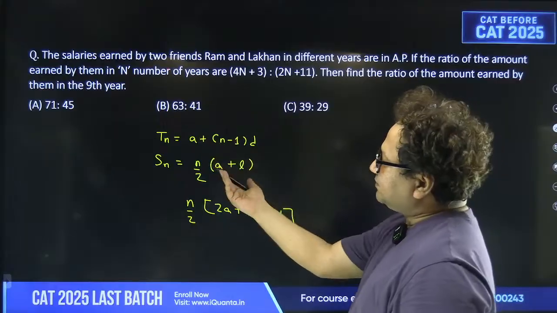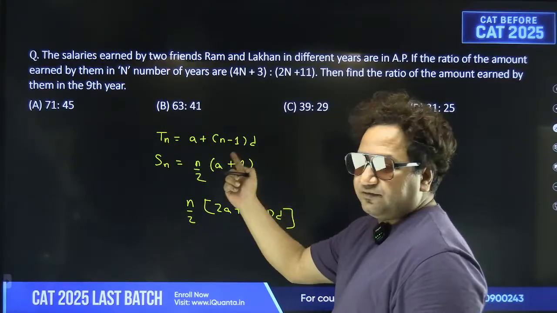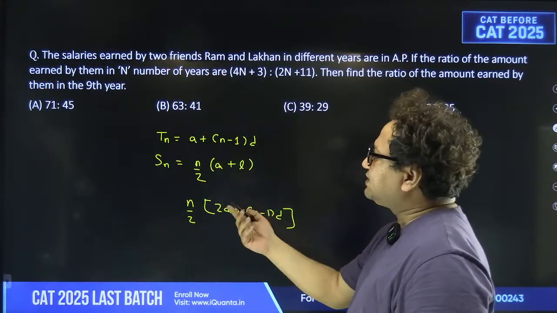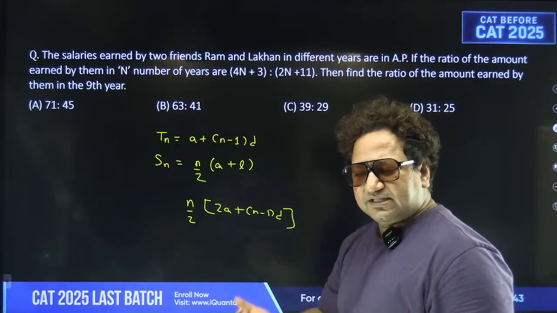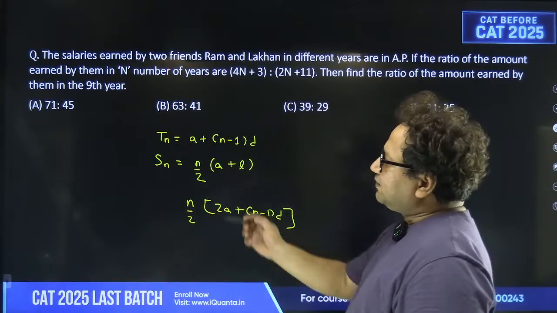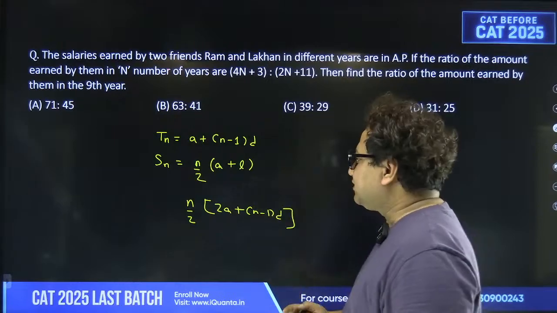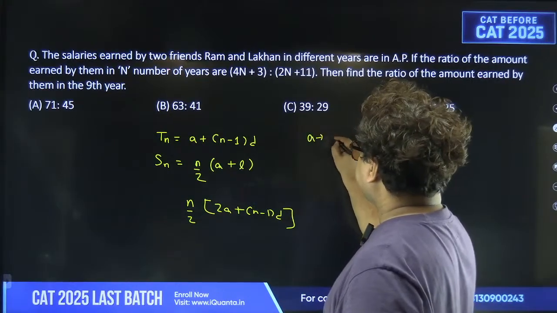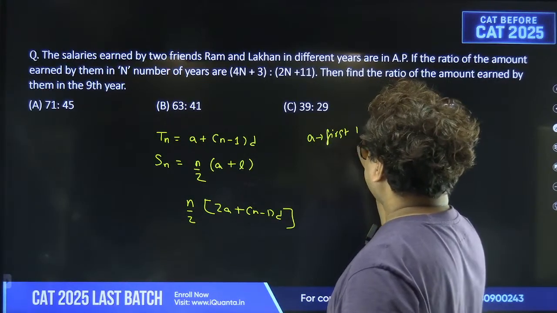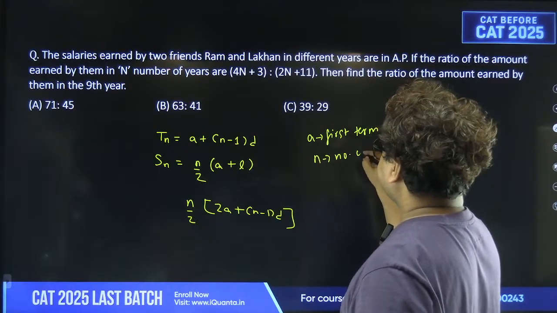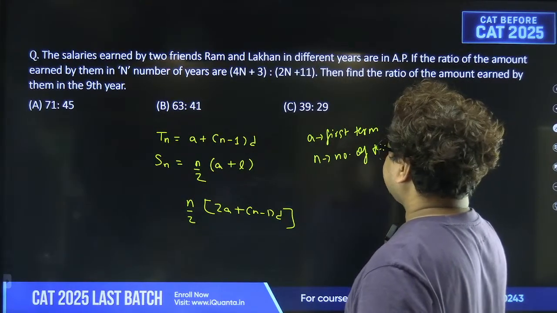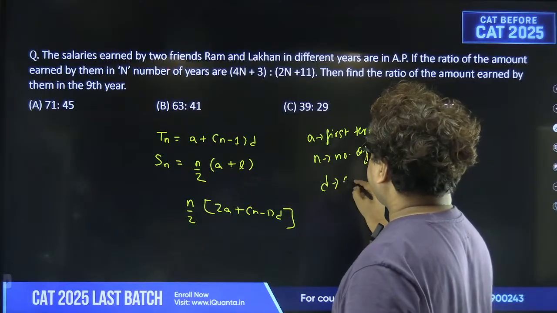n is the term. So if n is 1, t1 means the first term, t2 means the second term, and so on. S1 is the sum of the first term. By the way, the sum of the first term will be the first term itself, right? Yes or no? S2 means the sum of the first two terms, and so on. a is the first term. n is the number of terms. d is the common difference.